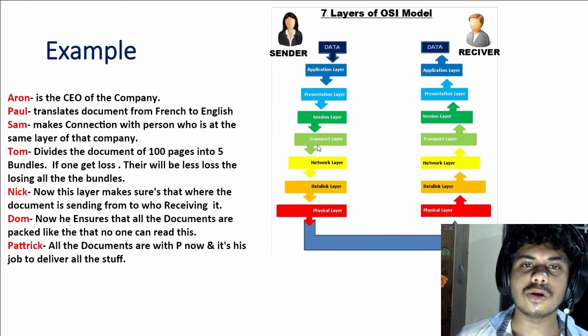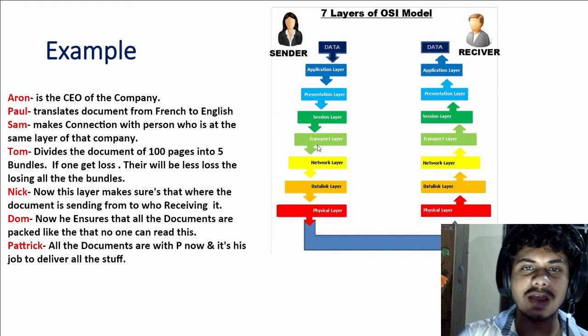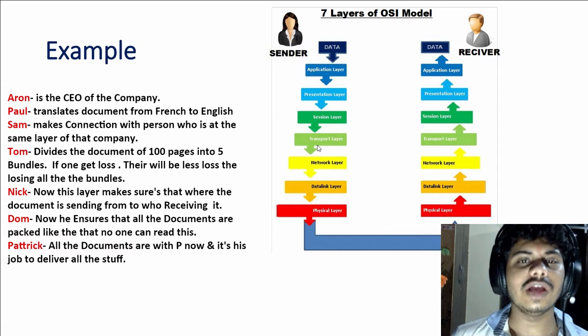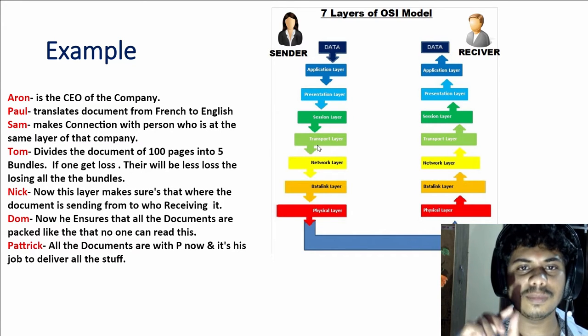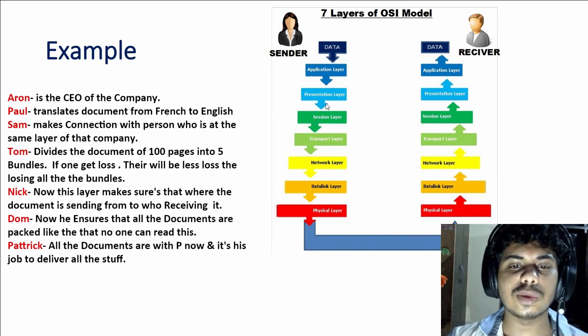Now 100 pages are lost. But if I divide it into 5 parts of 20 pages, then if one document is lost, we have 80 pages, which means we still have 4 documents. It means we have lost some data, not all the data. That's why that is the responsibility of Tom.